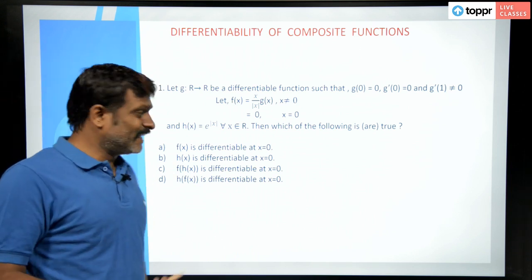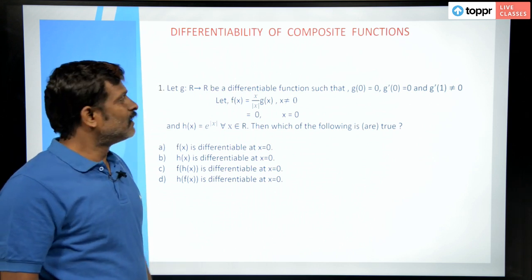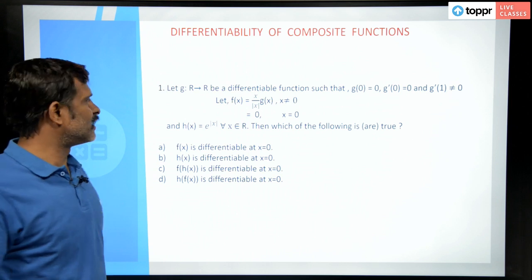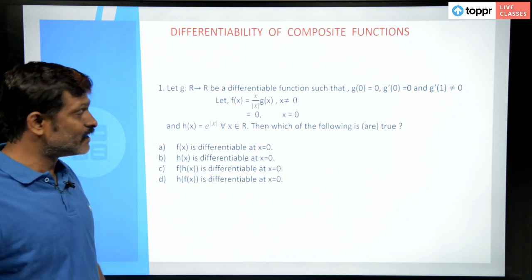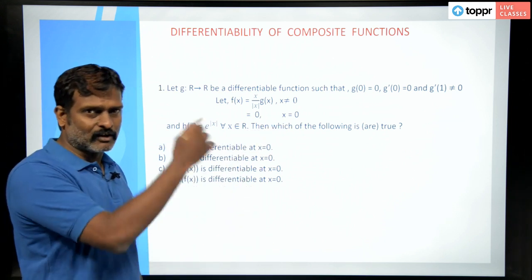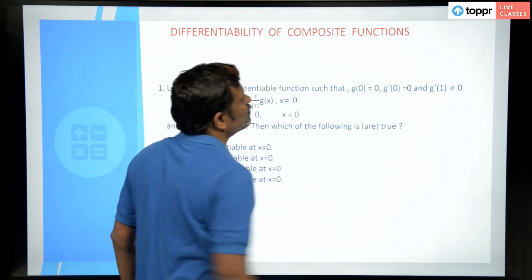So, here he is defining a function g which is differentiable. When he says differentiable, it is differentiable everywhere, else he would have informed, or else defined some interval where it is differentiable. So, he did not say anything, that means it is differentiable everywhere on the entire real number set, and g of 0 is 0.